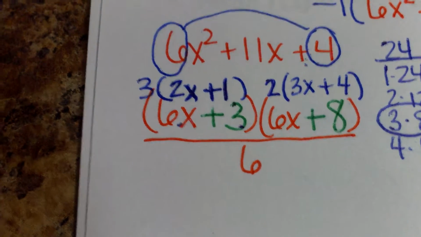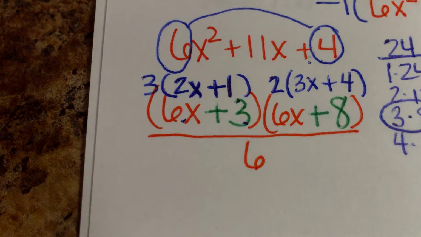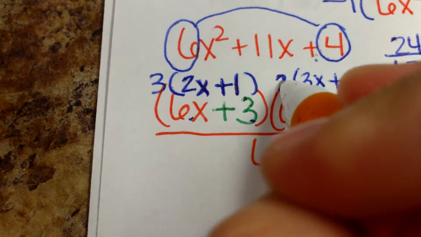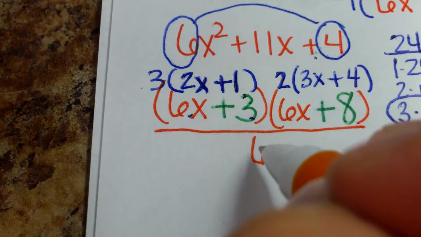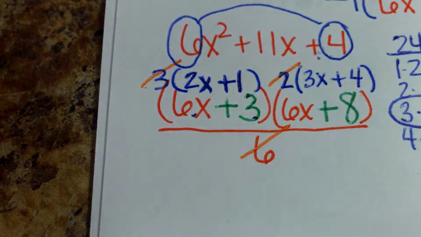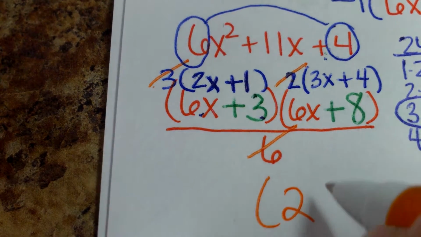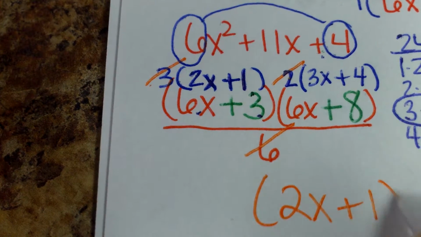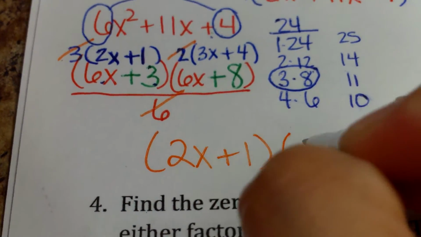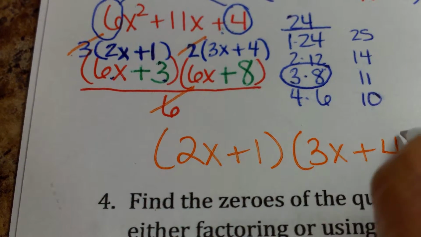Now, from here, we need to get rid of that 6 at the bottom, but in order to do so, you need to multiply 3 times 2. 3 times 2 is 6, divided by 6, they end up canceling. And now you're left with 2x plus 1 and 3x plus 4.